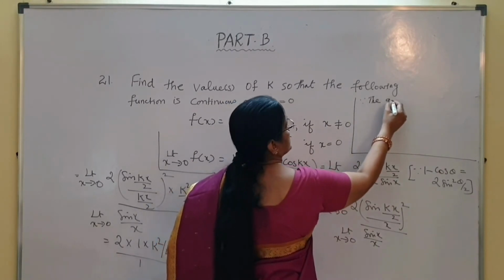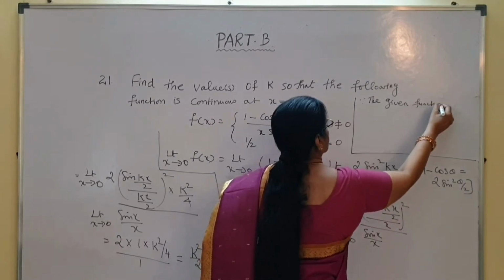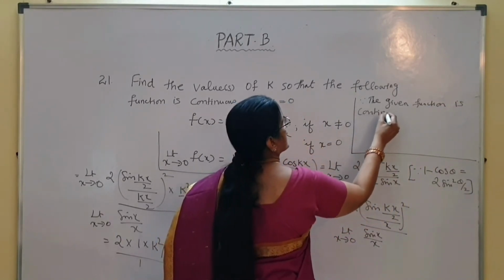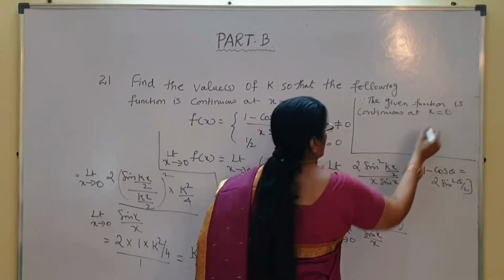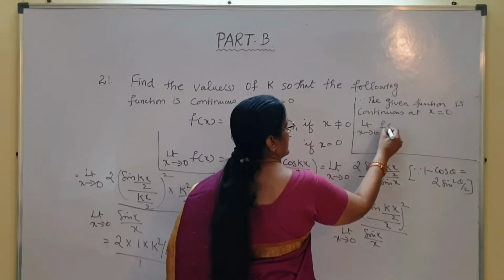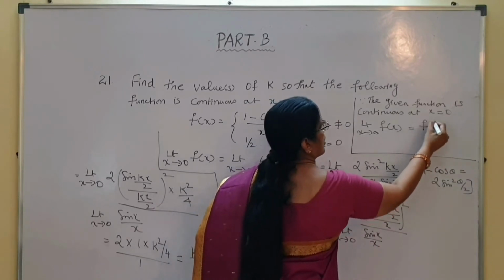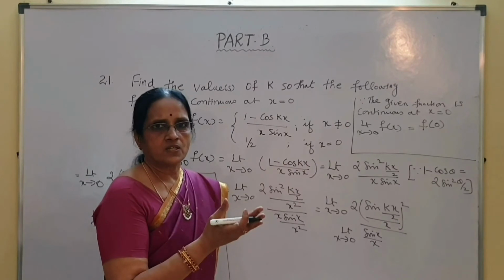Since the given function is continuous at x equal to 0, limit x tends to 0 of f of x should be equal to the value of the function at that point, that is f of 0.